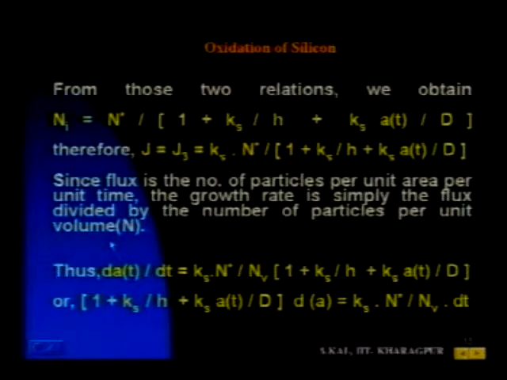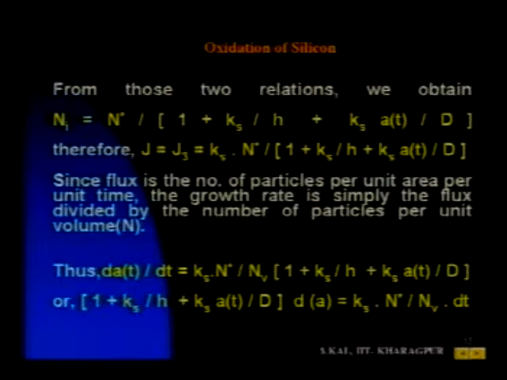That is Nv, not N, here it is Nv. If it is the N, then just flux, at equilibrium, the flux divided by the number of particles per unit volume will give you the growth rate. This easily you can verify. For example, you write down the dimension of flux.